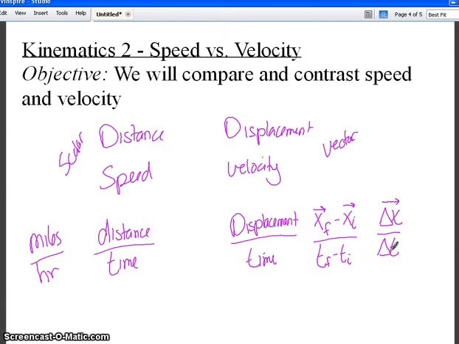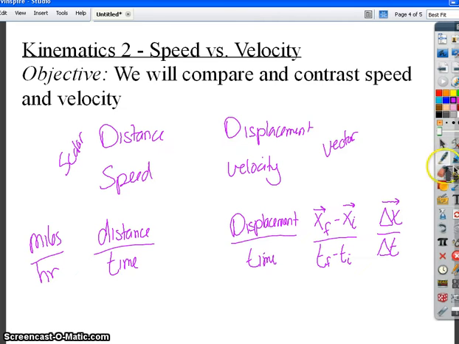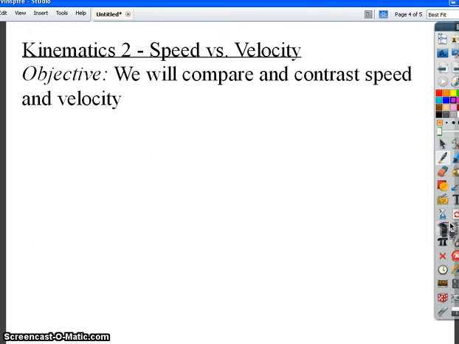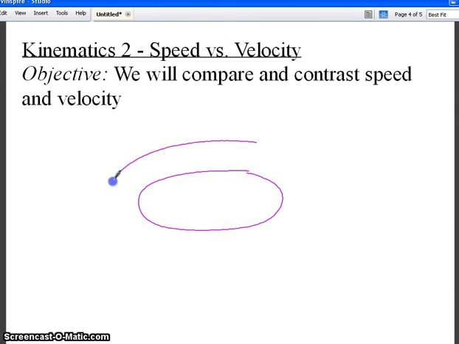Pretty simple. So once again, if we go back to the same example we had earlier of the track, and we are running around this track here. This track isn't good, it's more of an oval.